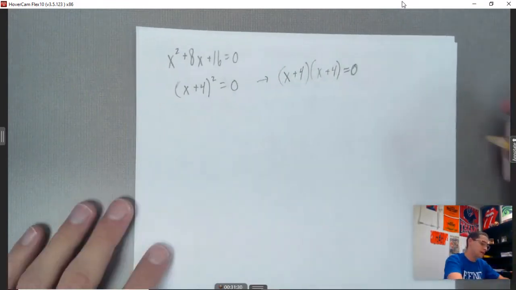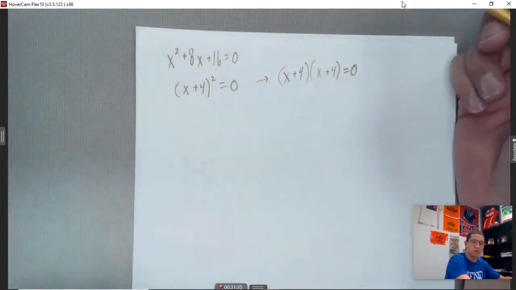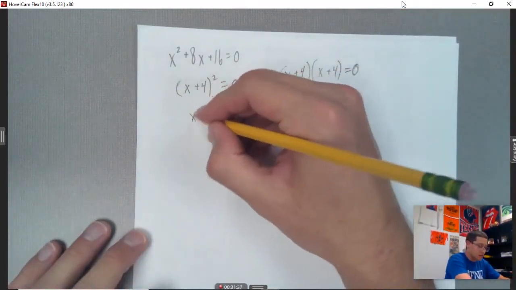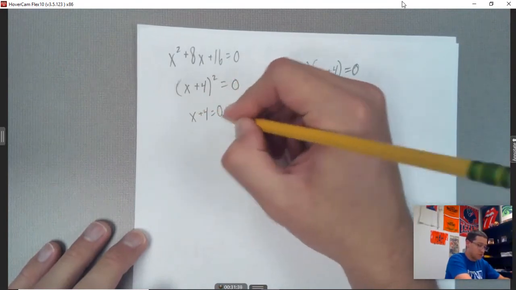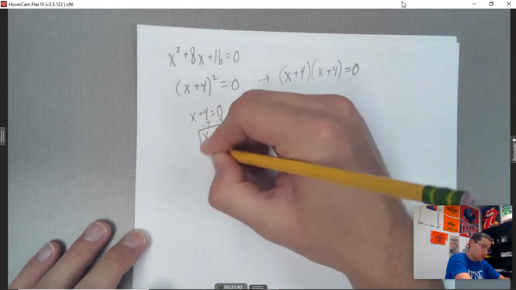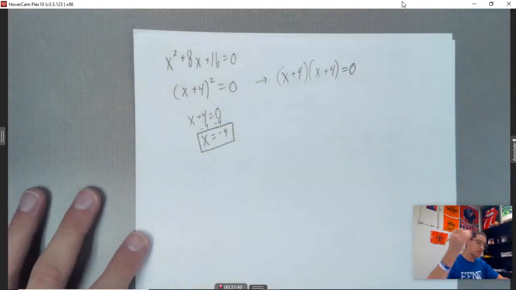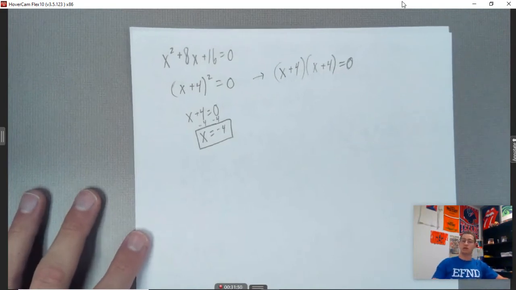When it is the same, you only need to split it once. I mean, you could split it twice, but you're going to get the same thing both times. So you just need x plus 4 is equal to 0, and if you're solving, minus 4, so you get that x is negative 4. Again, you can do it twice, but it's the same thing, right? You still just get x is equal to negative 4.